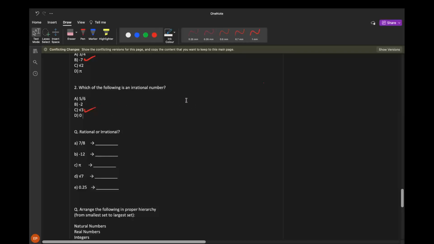Many of you think pi is irrational, right? Pi is irrational. But some of us will consider 22 by 7 as pi value, but that would be rational, right? Because 22 is an integer, 7 is an integer, it is in the form of p by q, so it is rational.